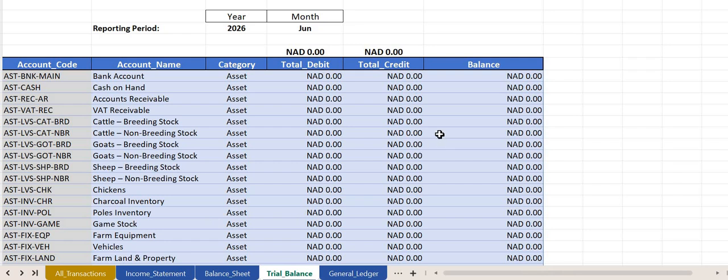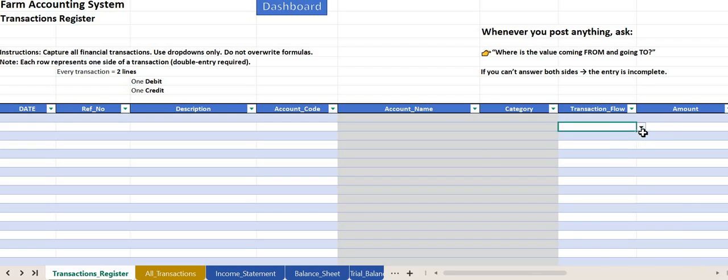And the third one is you need to understand the difference between received and source. Received is where the value is going to, and the source is where the value is coming from. If you follow these three principles consistently, your reports will always be correct.